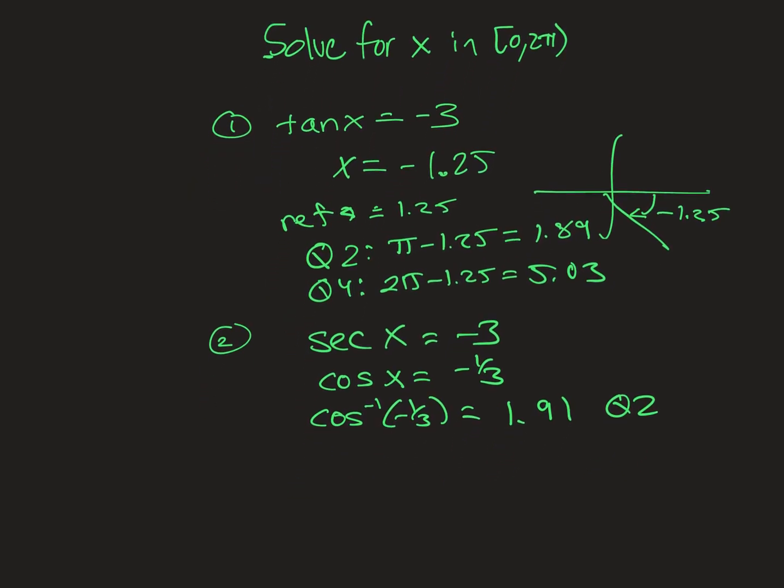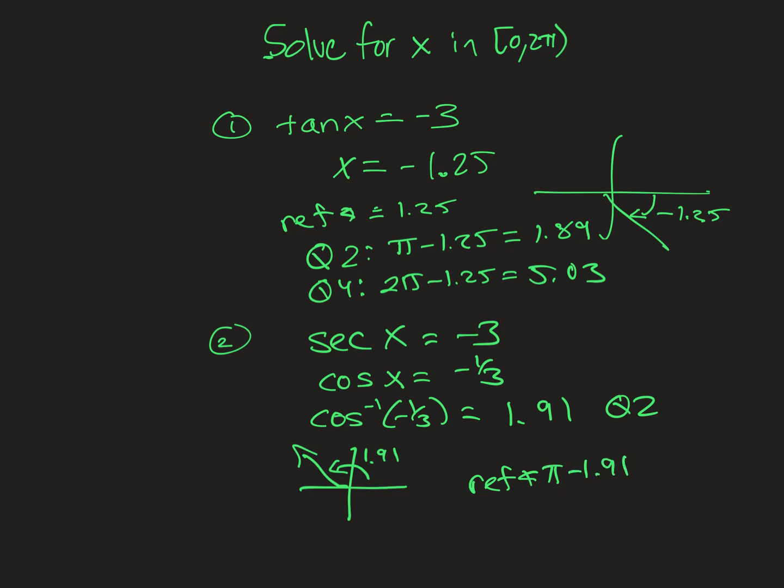The easiest way, if 1.91 is the quadrant 2 angle, is to find the reference angle, which is pi minus 1.91. If I do pi minus 1.91, that gives me 1.23.